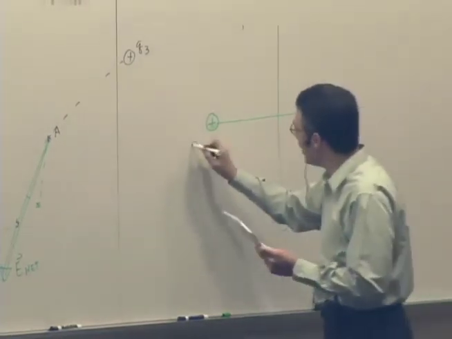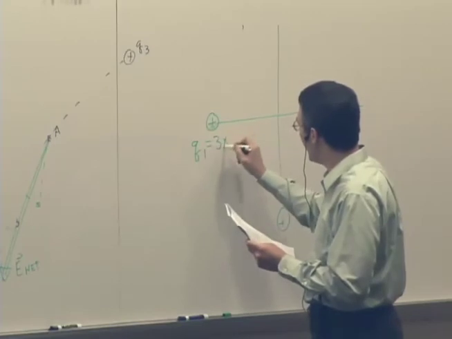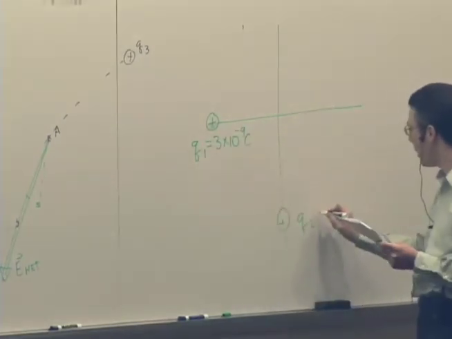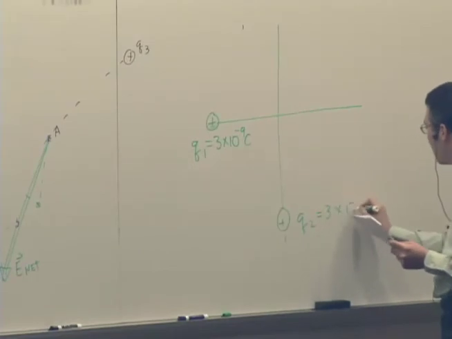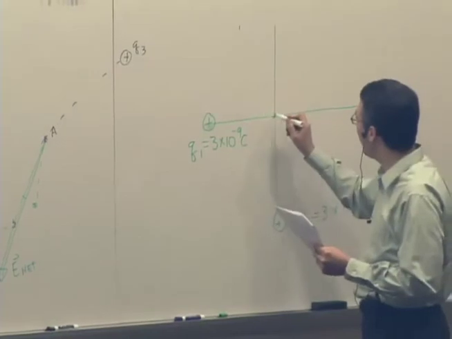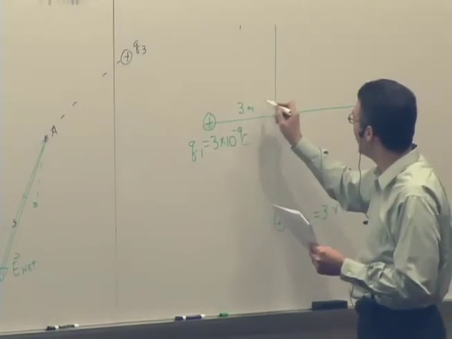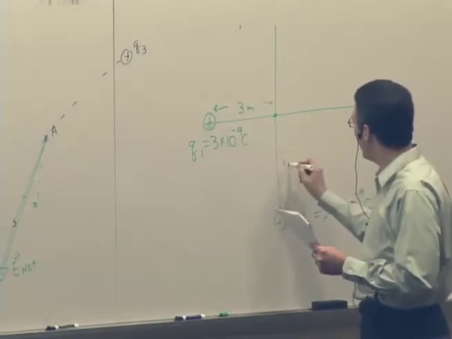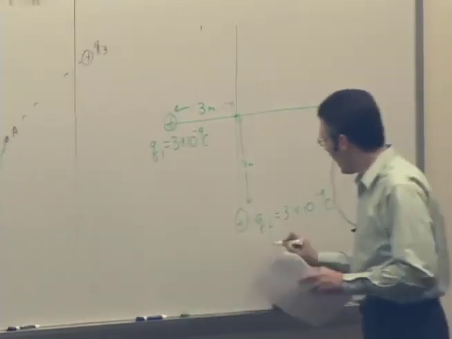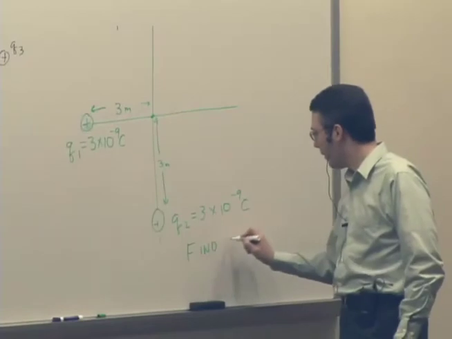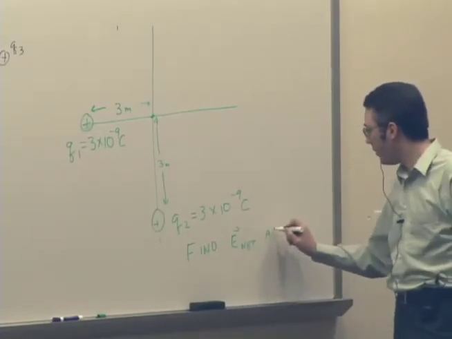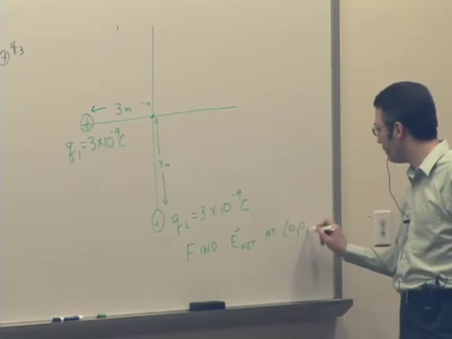And let's say Q1 is equal to 3 times 10 to the minus 9 coulombs. Let's say Q2 is the same thing, so we'll make them identical just for simplicity. And also say they're the same distance away from the origin. Let's say this is 3 meters and this is 3 meters. And I want to find the net electric field at the origin, at 0, 0, 0.